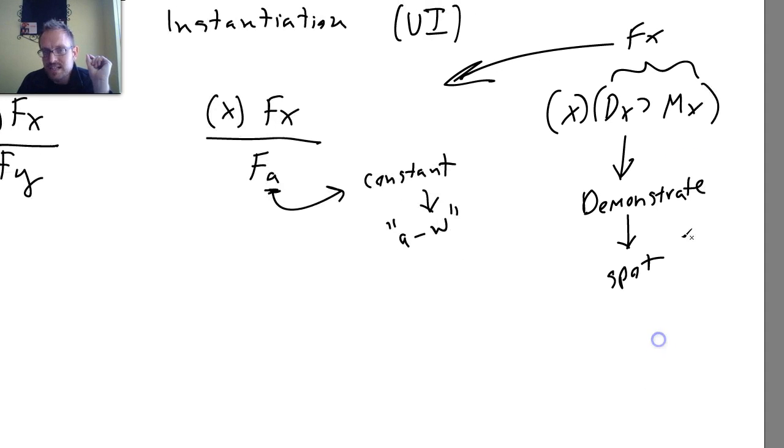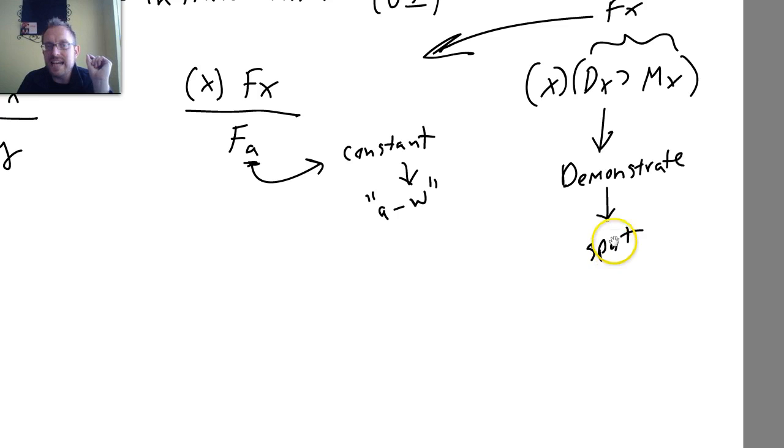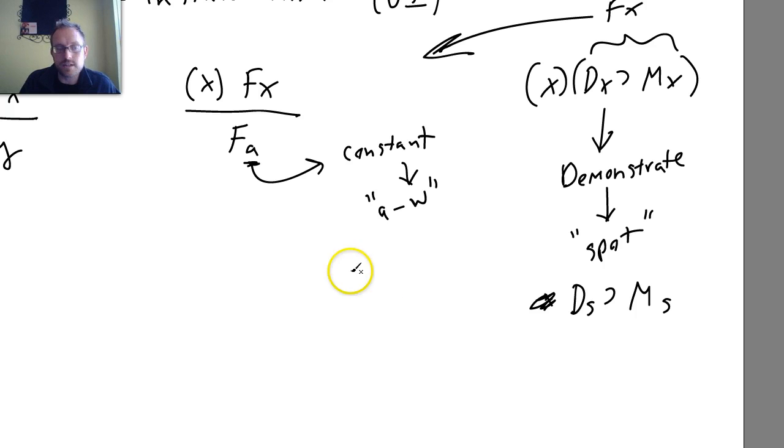So if I did ∀x (dx → mx) and did a universal instantiation, I can demonstrate it with my particular dog, Spot. We would cut out the universal quantifier, and we would end up with ds, where s stands for Spot, to ms. That's what an instantiated universal instantiation would look like, okay?